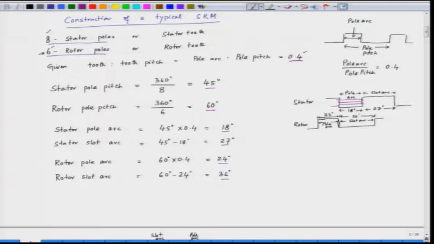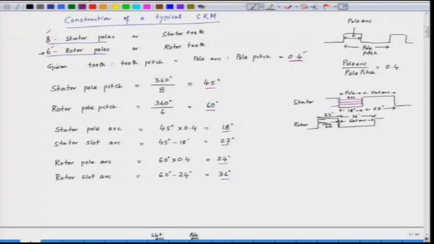So, we can draw the developed diagram, where we have developed the motor. The motor is a cylindrical motor, so we have cut it and opened it, developing it in a linear fashion so that we can see the stator pole and the rotor pole in a linear diagram.